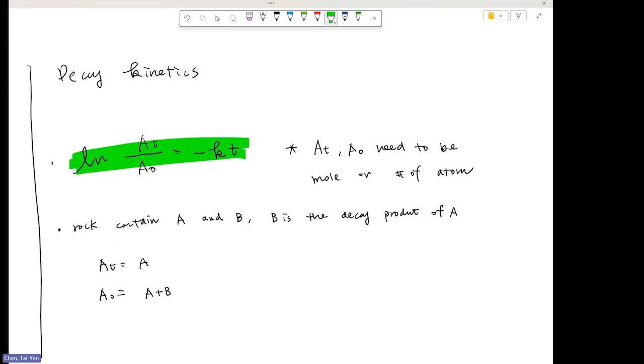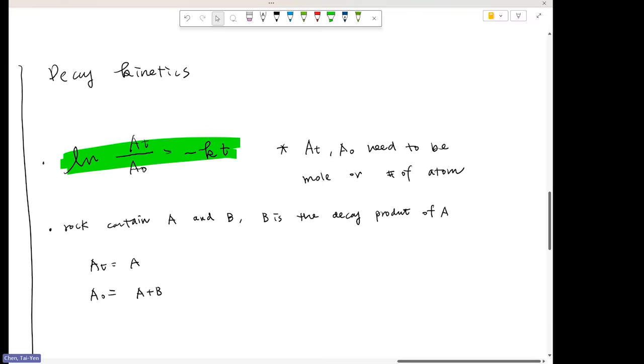It can even be the concentration of your particles, which is another example we'll go to later on. But it cannot be the mass of the particle. That's a very important concept when you put in A_t and A_0.